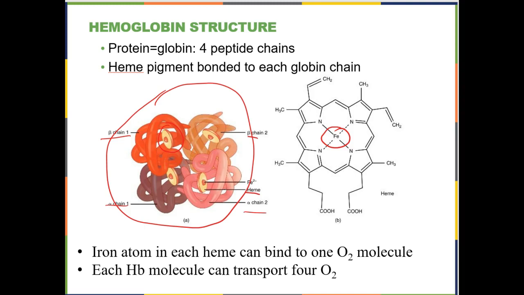Then, because you have 4 hemes in each hemoglobin, and each heme can carry a molecule of oxygen, each molecule of hemoglobin can carry up to 4 oxygens. And that, again, is going to become a little bit more important when we get to the respiratory system.